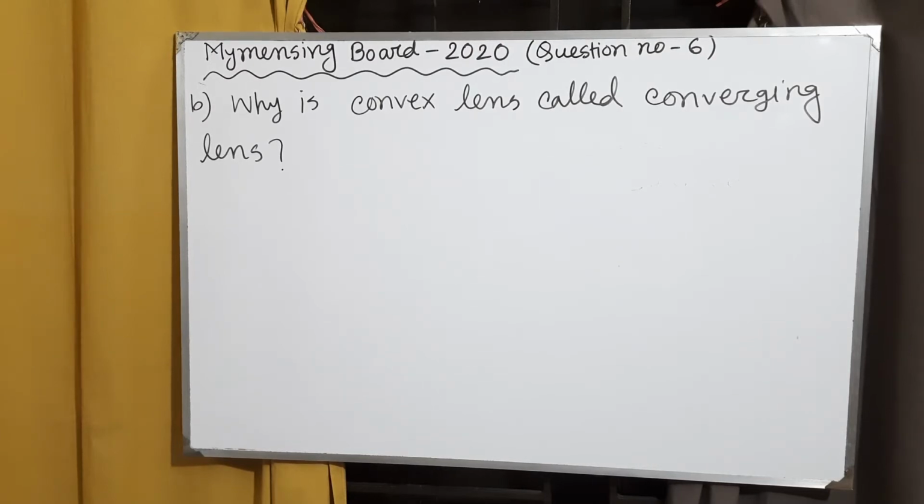The answer is: a convex lens is also called a converging lens because it makes parallel light rays passing through it bend inward and meet at a spot just beyond the lens, known as the focal point. A convex lens makes parallel light rays converge at the focal point or focus. That is why a convex lens is called a converging lens.